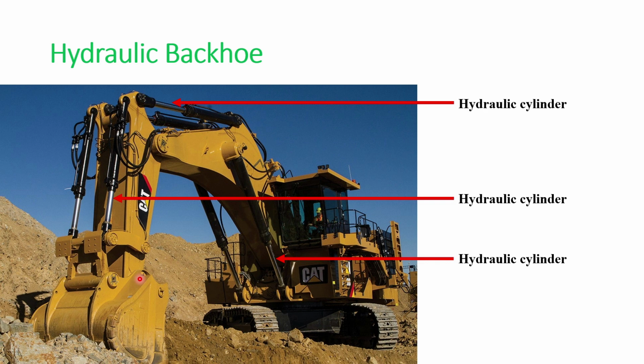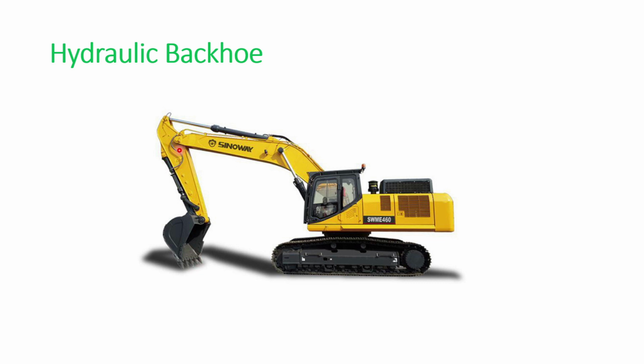It is essentially used in blasted rock material. So why is it hydraulic? Because it is controlled by the hydraulic cylinder. Okay. This is the backhoe. You can see the bucket position. Here the backhoe will dig the material from up towards the bottom.